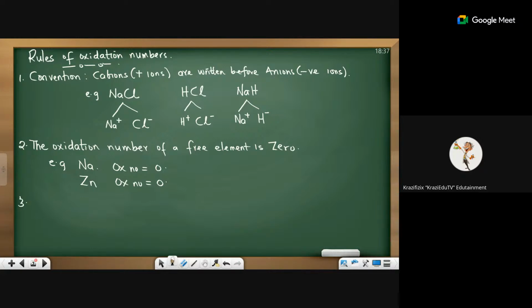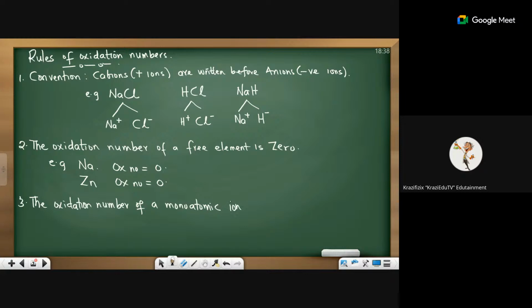Number three. The oxidation number of a monoatomic ion. Monoatomic means 1. Remember, mono means what? 1.